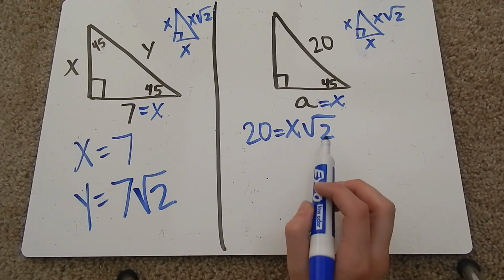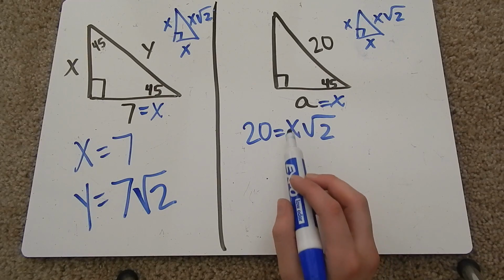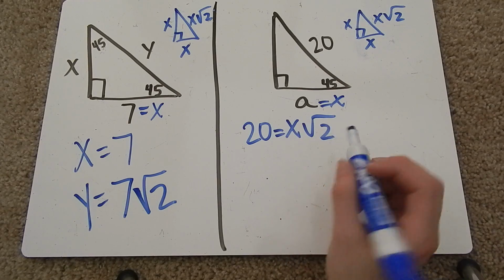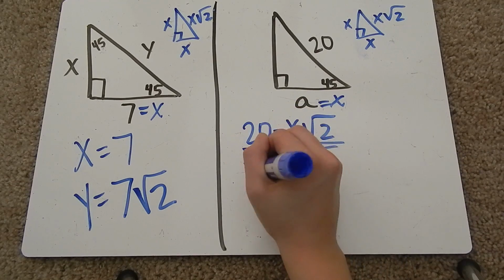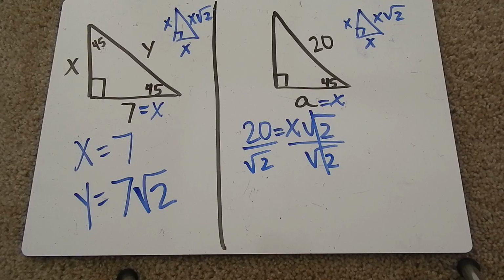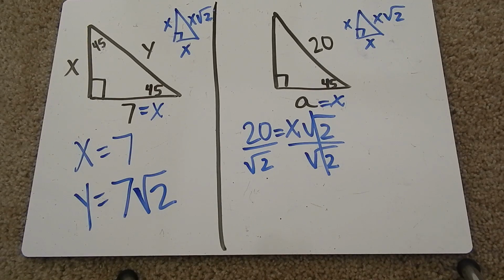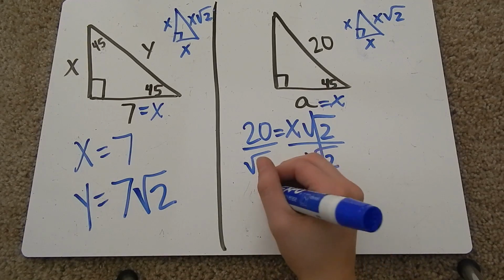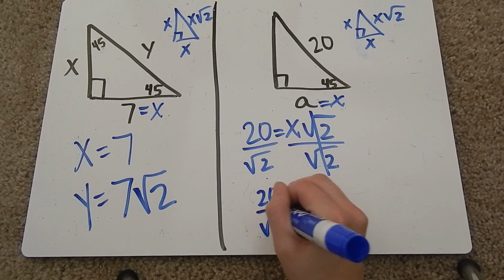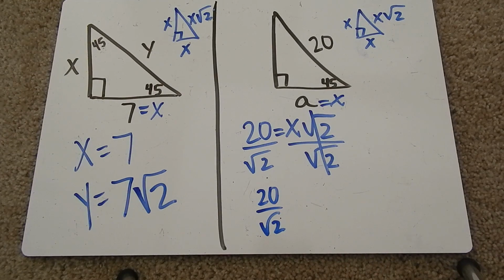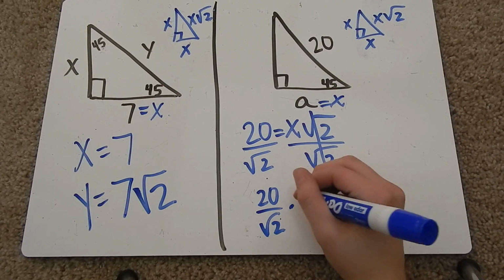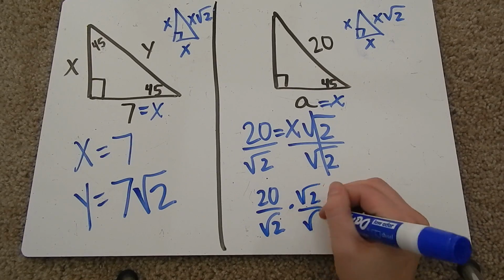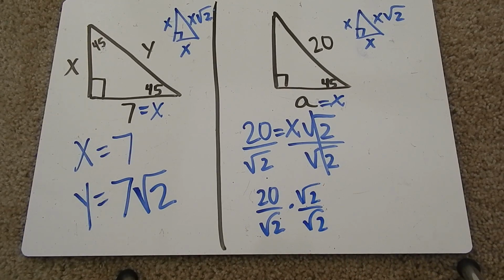So I want to undo what's being done to x. This means x times the square root of 2. To undo multiplication, I divide. When I divide by the square root of 2, I get 20 divided by the square root of 2. Now we cannot have a square root in the denominator, so we want to rationalize, which means we're going to get rid of the square root in the denominator.